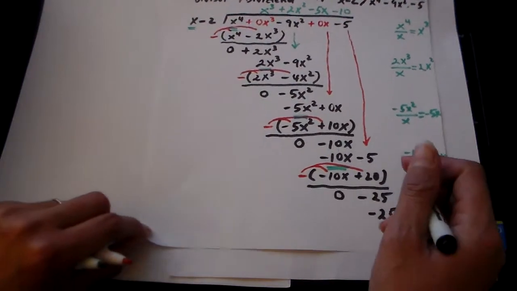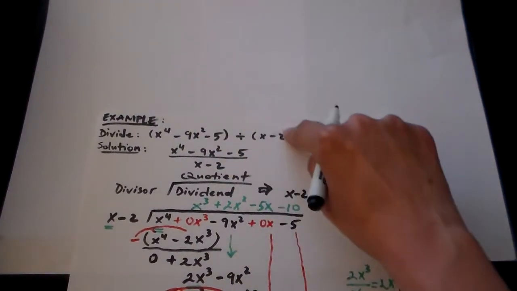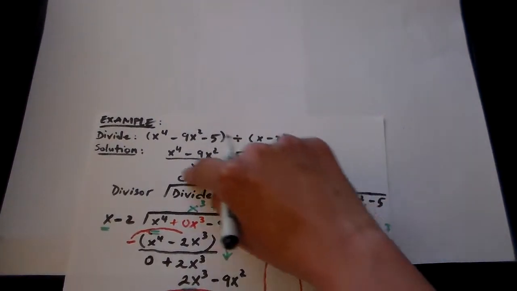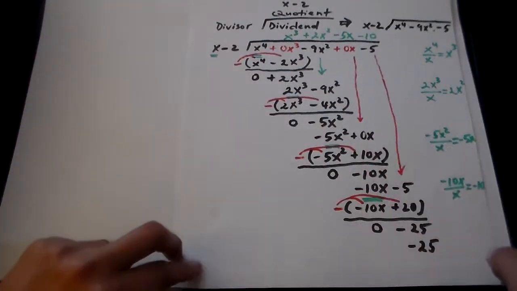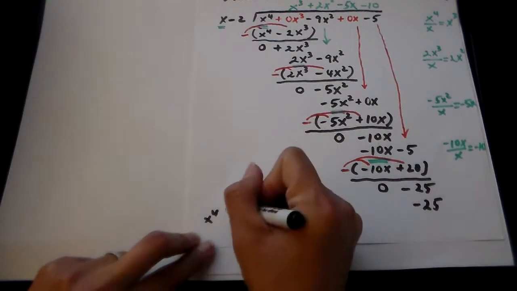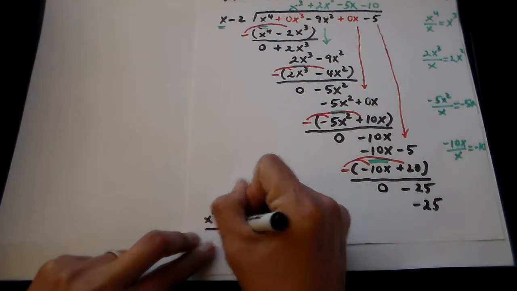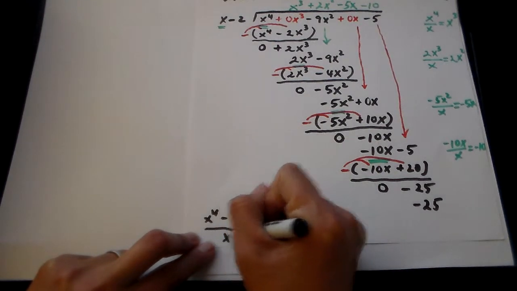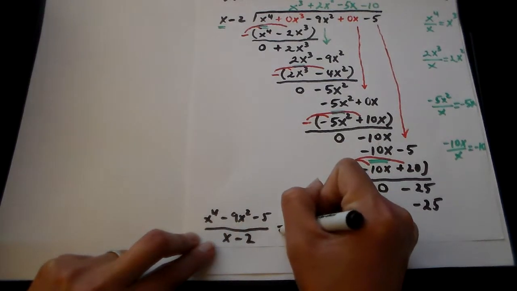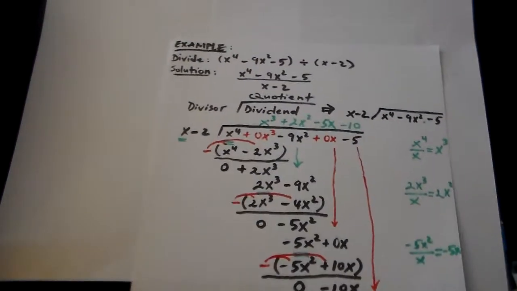Very similar. So let me rewrite what we got up here. Top divided by bottom. I'm going to rewrite this step right here. So we have x to the fourth minus 9x squared minus 5 divided by x minus 2 equal to, so the result came from the quotient.